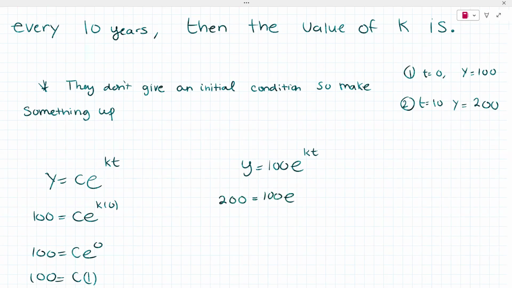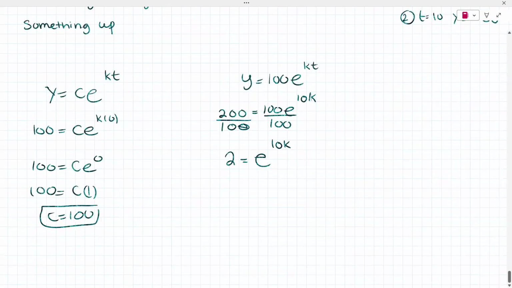So 200 equals 100 e to the 10k. Go ahead and solve for k. First I'm going to divide this by 100, divide this by 100, and you get 2 equals e to the 10k. Then take the ln of both sides.